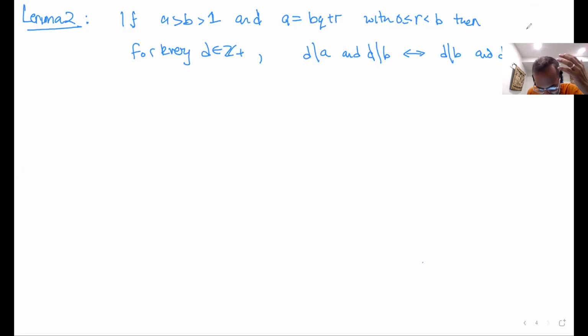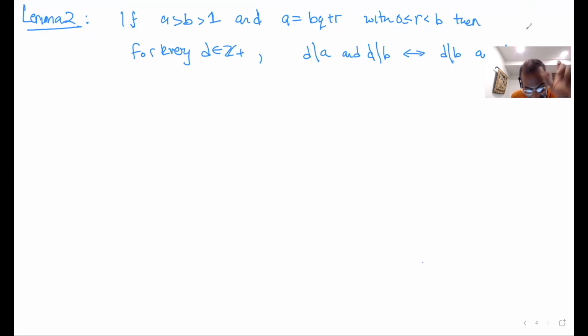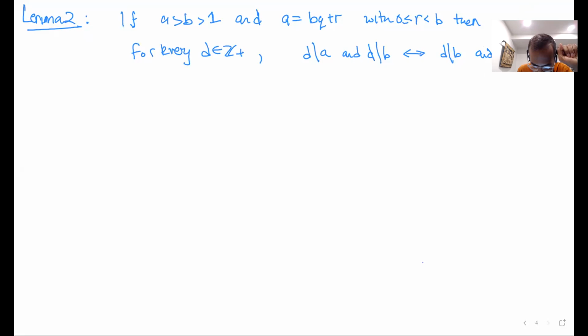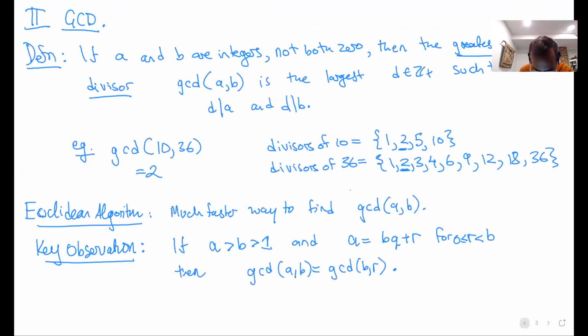So what this is saying in words is that the set of common divisors of a and b is the same as the set of common divisors of b and r. It's not saying that the set of all divisors of a and b is the same as the set of all divisors of b and r. It's just saying that the set of common divisors doesn't change when you do this division. And that obviously implies that the greatest common divisor of a and b is the same as the greatest common divisor of b and r, because it's just the largest element of that set of common divisors.